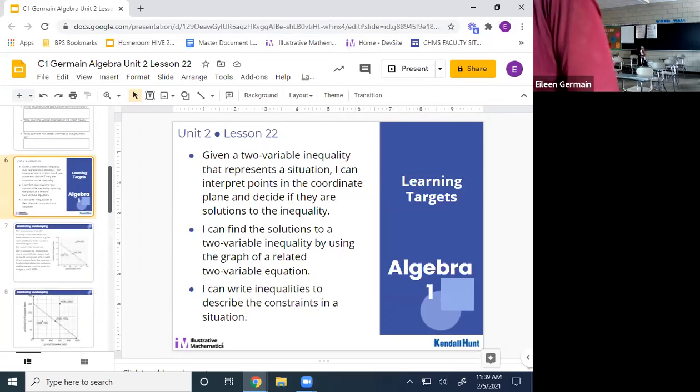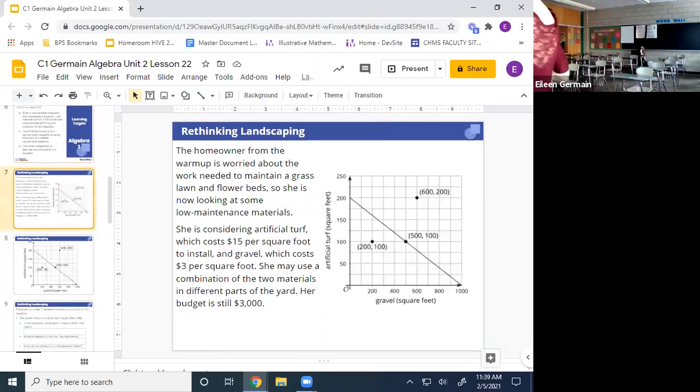Okay. So if we're thinking about that homeowner that was putting grass down or flower beds down, now she was thinking, I got a price. Now she's starting to rethink her idea a little bit. The homeowner from the warm-up is worried about the work needed to maintain a grass lawn or flower beds.